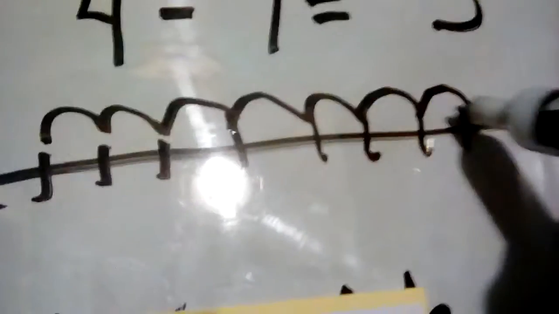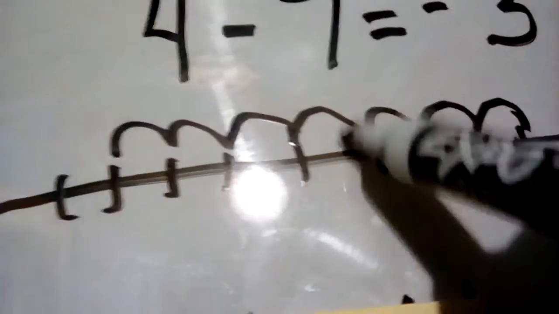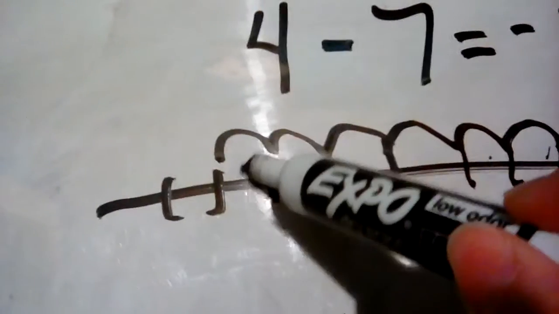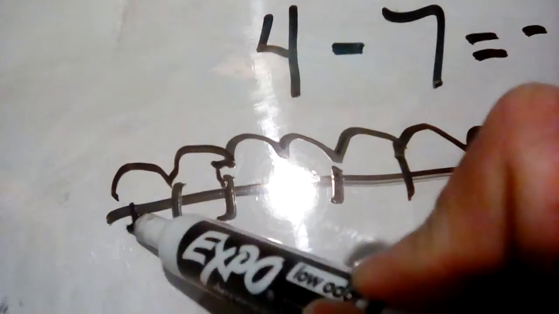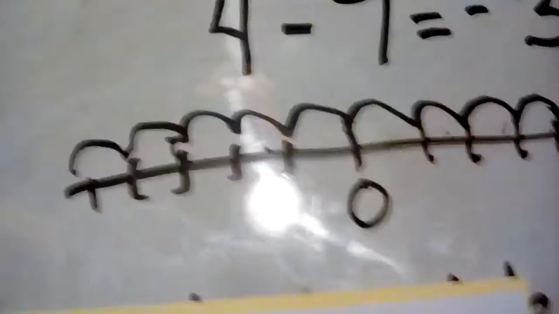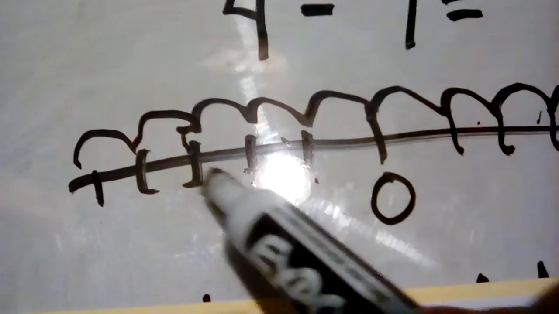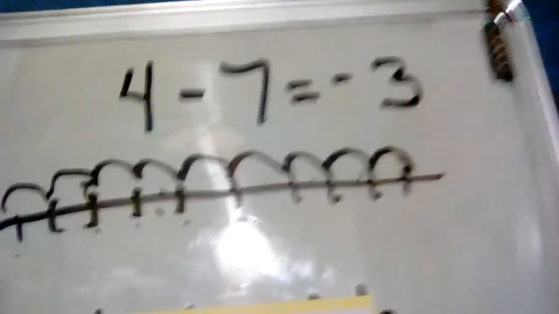Because we're taking 9 away from 4, which on my number line would be 1, 2, 3, 4, 5, 6, 7, 8, 9, which would be -5, okay? This was 0 right here. So that's -1, -2, -3, -4, -5, okay? So you got to pay attention to that. So remember your integer stuff, okay?